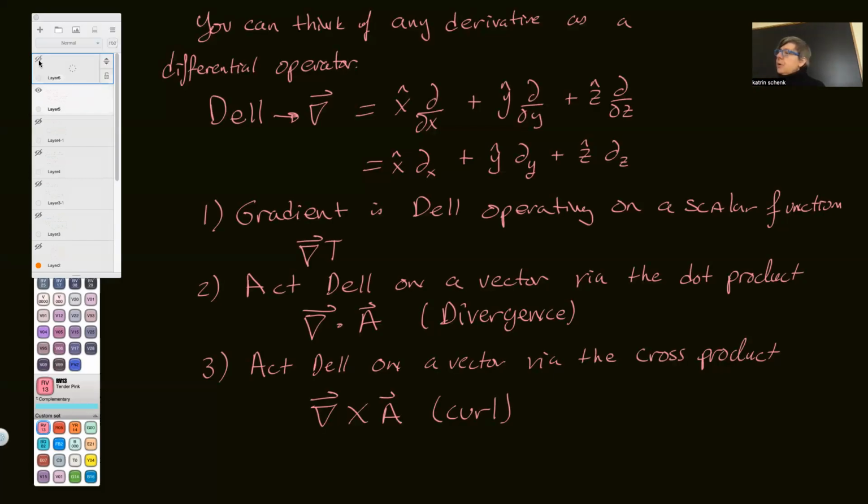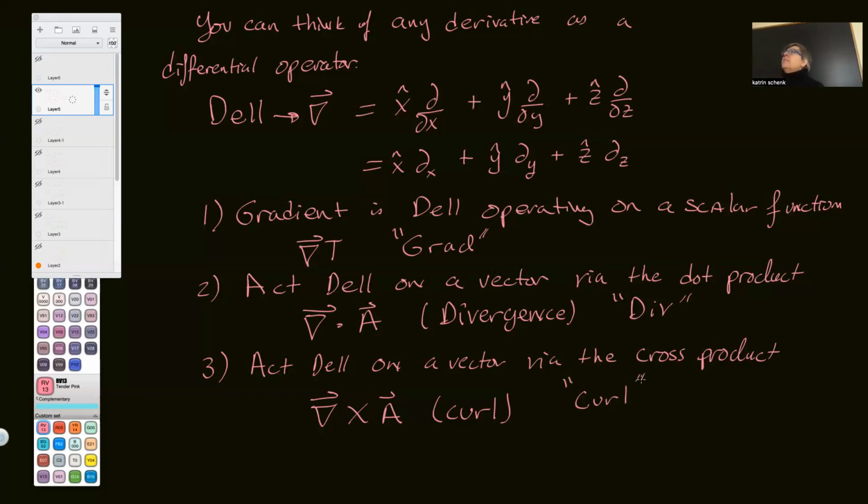I want to back up for one second because I want to remind you that gradient is sometimes called just grad, and divergence is sometimes called just div, and curl is just called curl. Nobody shortens curl.